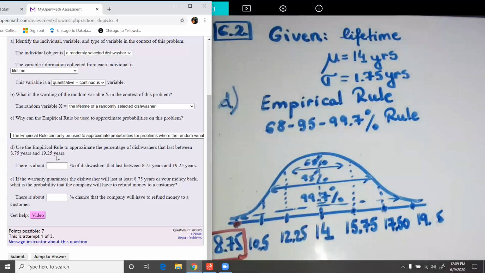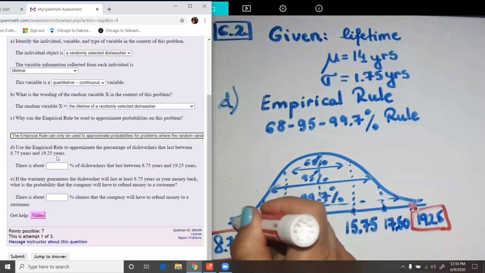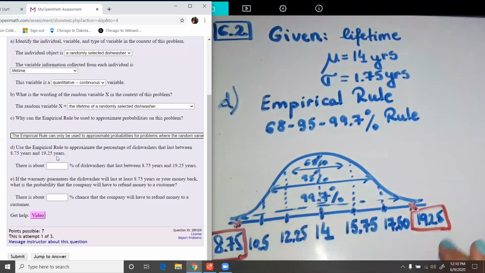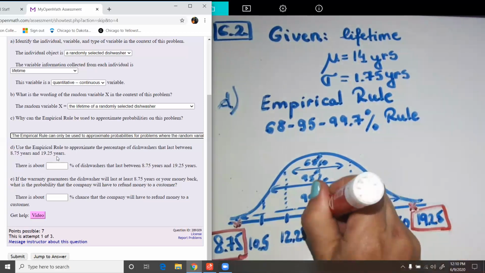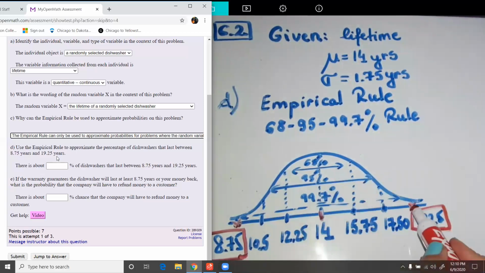Yes. So that's supposed to be 2. And between these values, I'm wondering what percentage of the values are within 3 standard deviations. This is the middle, 3 standard deviations above the mean. This is 3 standard deviations below the mean.